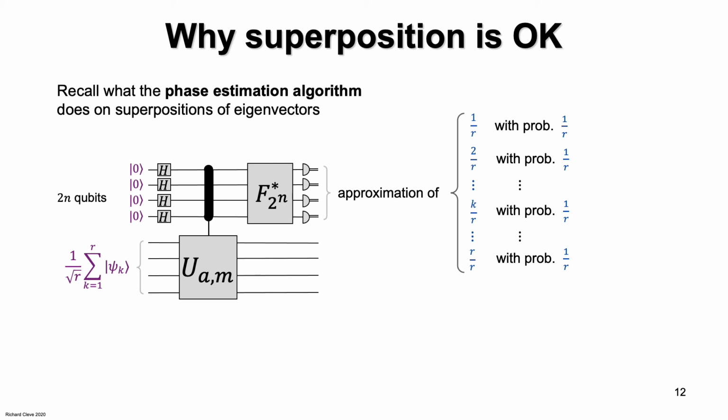In other words, it's identical to the outcome of a randomly generated eigenvector state, which is the case that we previously analyzed with the continued fractions, etc. So, using the superposition state is okay in the context of this phase estimation algorithm.